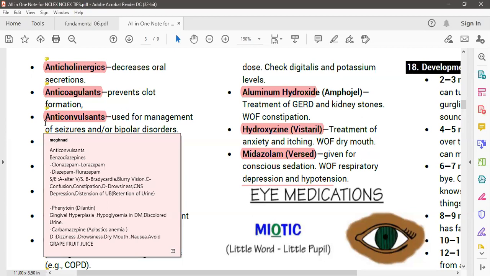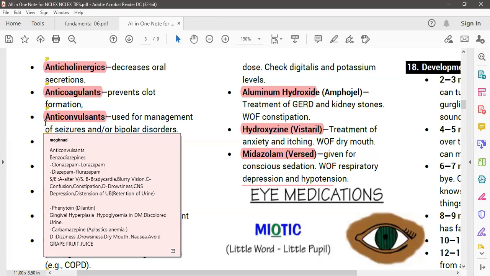Let me recap it about the anticonvulsant. What is the nursing implication? So if our patient have a liver problem, it is good avoid with liver disease and diabetic. Avoid alcohol with anticonvulsant.